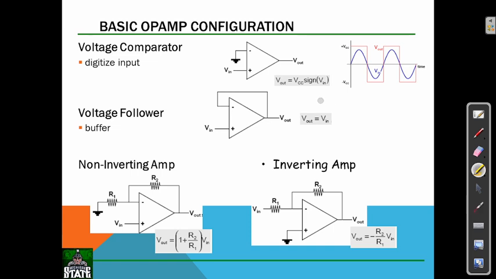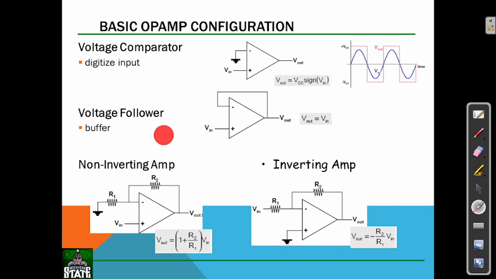The formula for the output voltage of this voltage comparator is V out equal to VCC sign of V in. V input is given by the problem, as well as VCC. So we easily find that the output voltage is VCC times the sign of the input voltage.